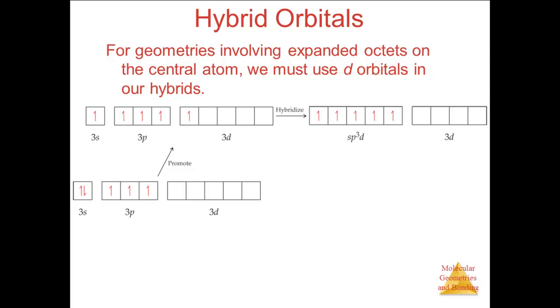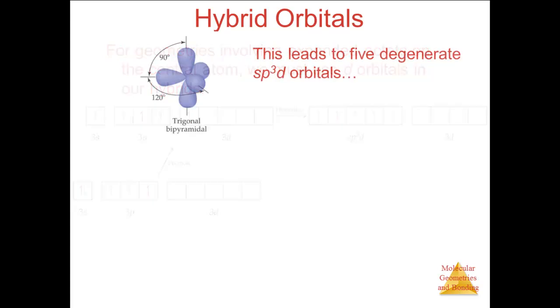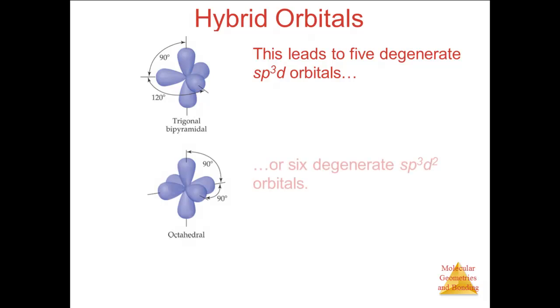To get trigonal bipyramidal and octahedral structures, we mix in 1 or 2 d orbitals to make 5 dsp3 hybrids for the trigonal bipyramidal structure. These are also sometimes called sp3d hybrids, or 6 d2sp3 hybrids for the octahedral structure, or sp3d2.